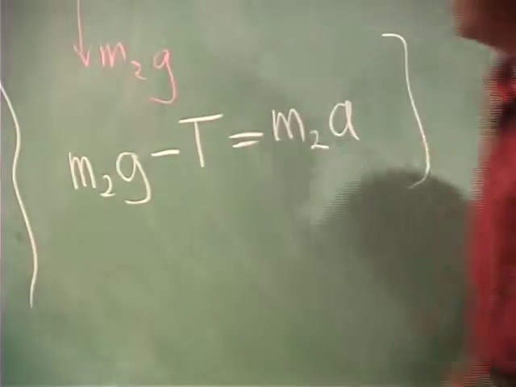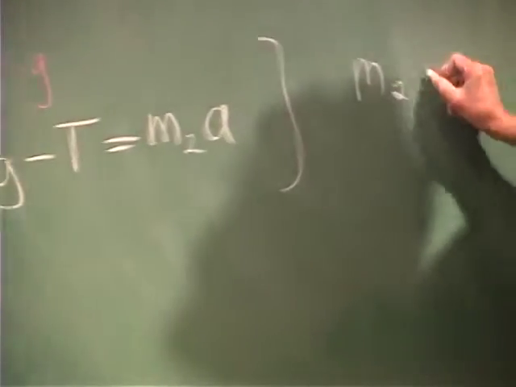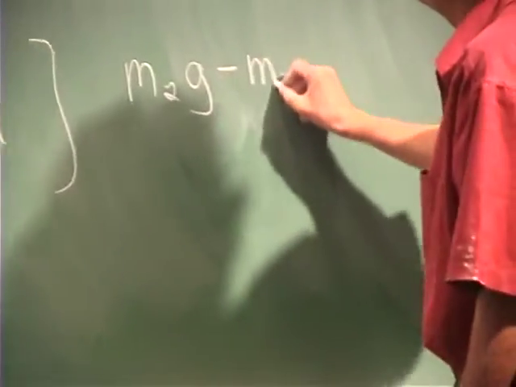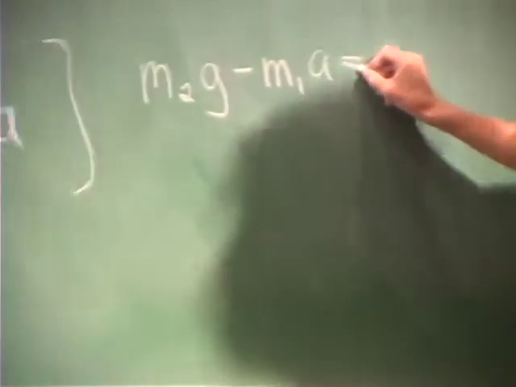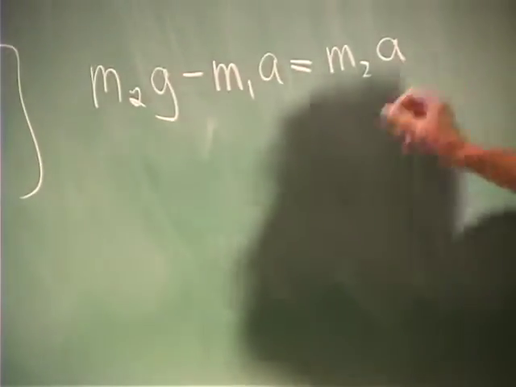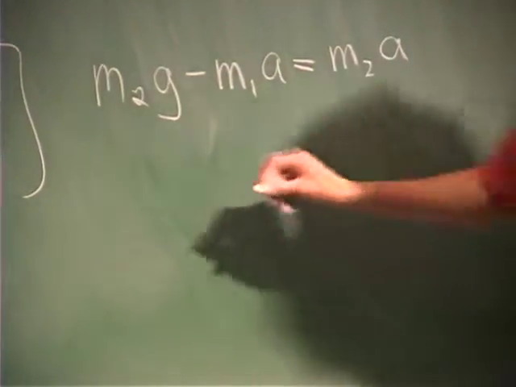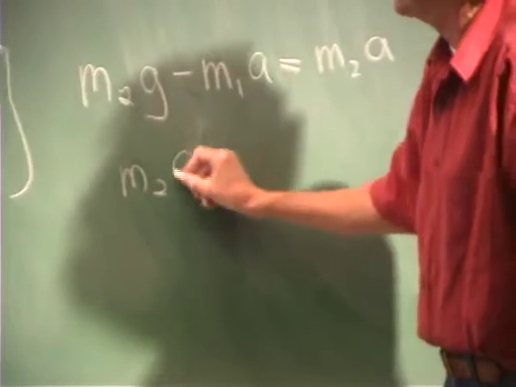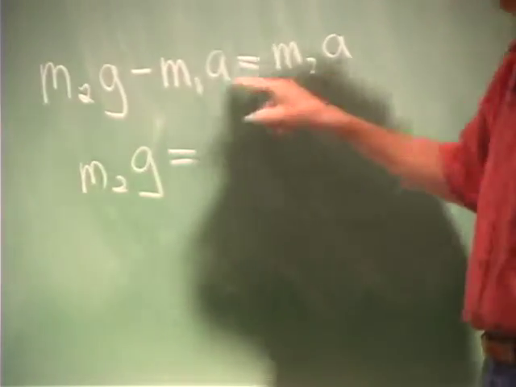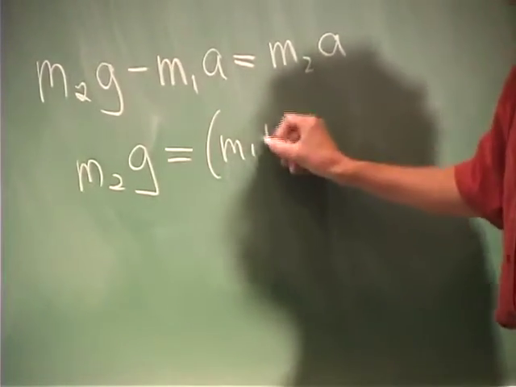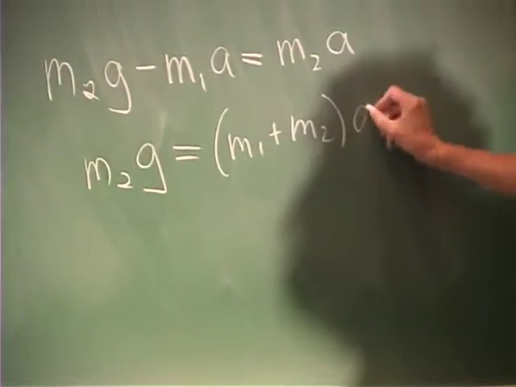T is equal to m1a, so this says m2g minus m1a is equal to m2a. If I pull the m1a over to the other side, I've got m2 times g is equal to (m1 plus m2) times a.